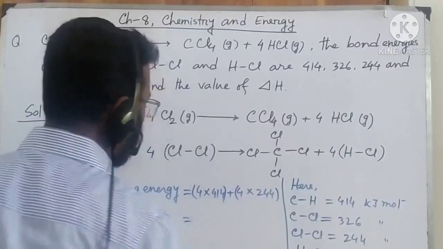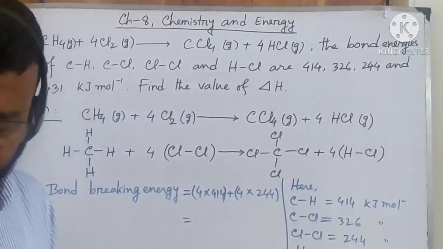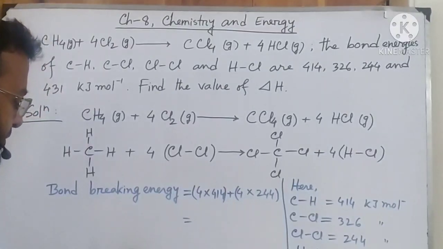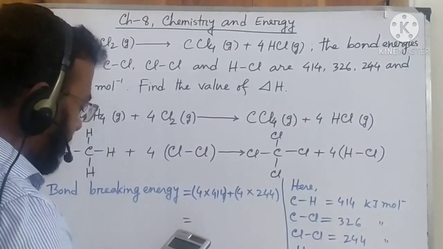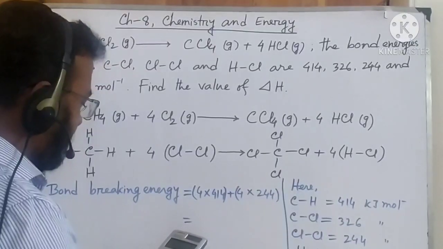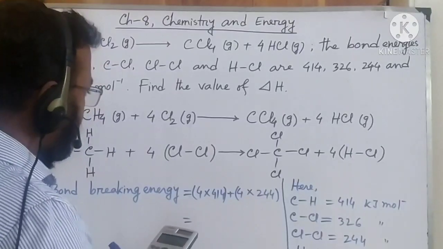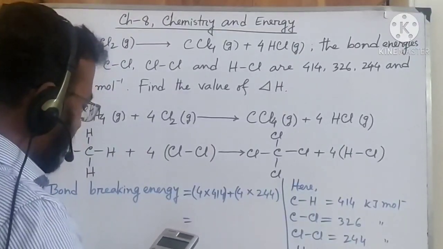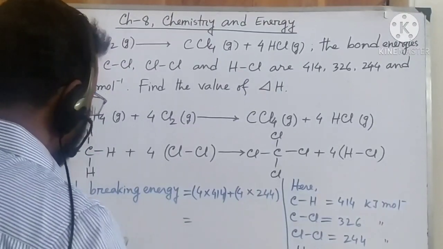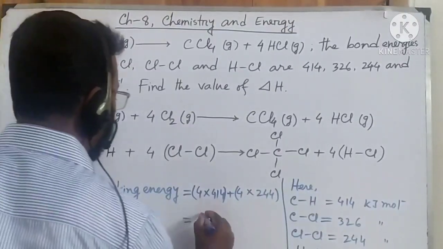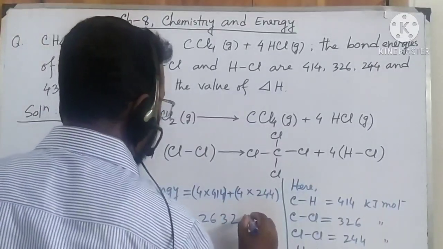Now by using the calculator, 414 into 4 plus 244 into 4. We have got the answer 2632 kilojoule per mole.